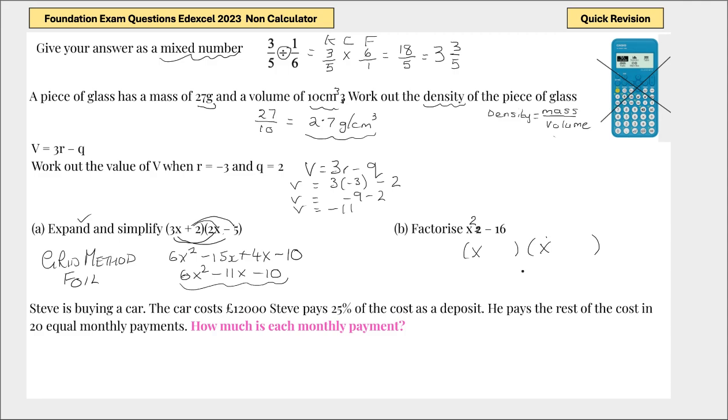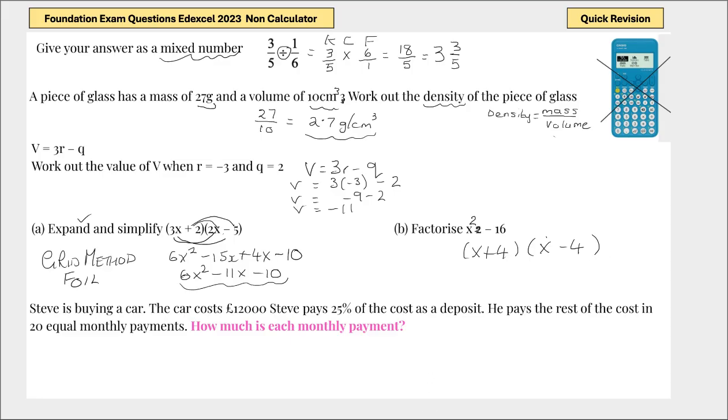And now we need to know what we can multiply to make minus 16. I know it's 4 times 4, but we need a negative 16. So it's going to be plus 4, minus 4.